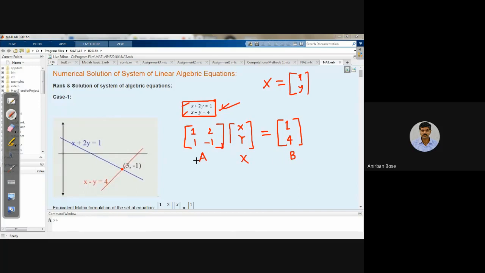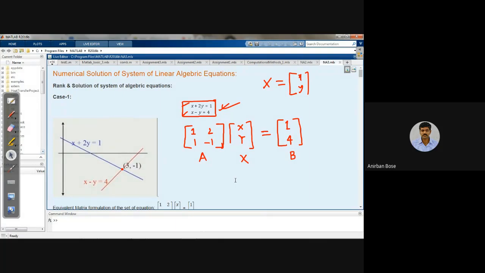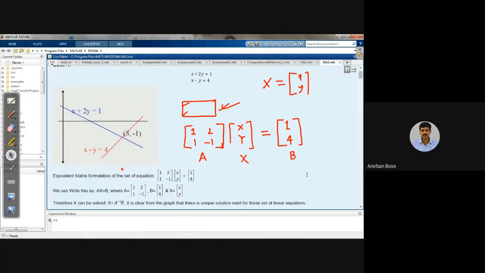Now, why have we formed it like that? First of all, before going to the solution, we have to check whether a unique solution exists or not, or whether at all any solution exists for that equation. The A matrix, the B matrix is 1, 4, and the X matrix is x, y.